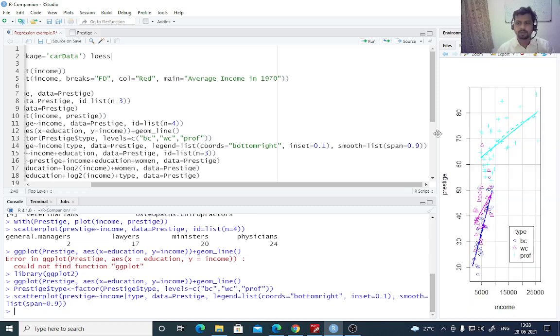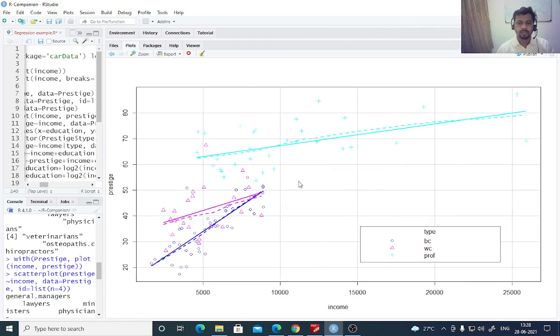Now you can see once you run the command, you have three different lines according to the type of the factor, and the legends are automatically assigned by R. This is for your professional and managerial services. This pink is for your white collar, and the last is your blue collar.